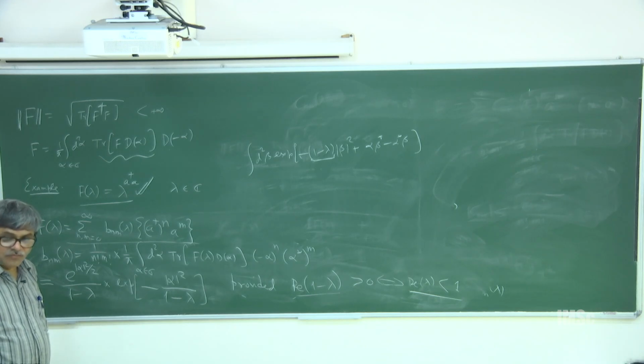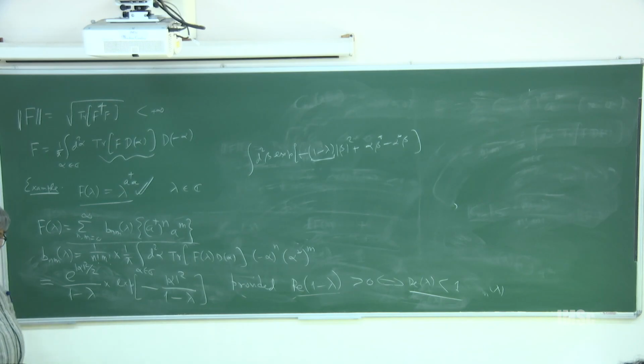But the converse is not true, because the real part of lambda may be less than 1, but still the magnitude of lambda can be greater than or equal to 1. So boundedness or trace classness of this operator automatically guarantees that the symmetric ordering expression exists.